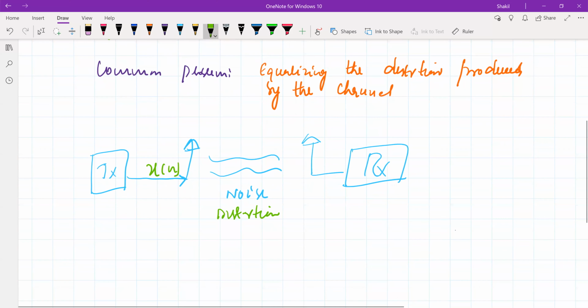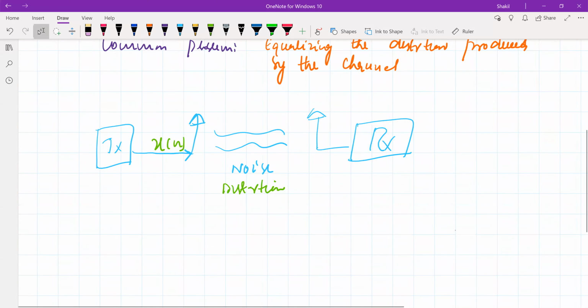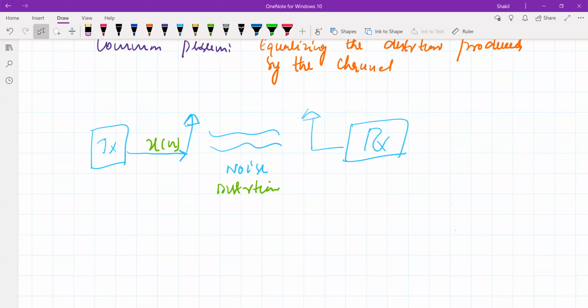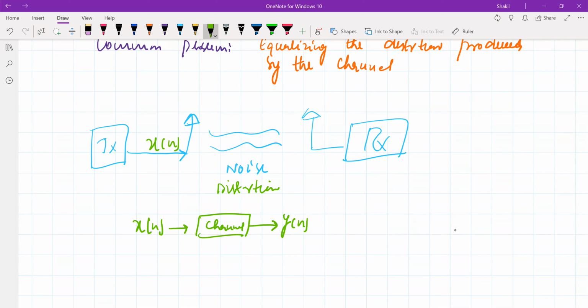Let's suppose the transmitted signal is x of n. It gets contaminated by noise in the channel. So x of n is the input to this channel, and it produces another distorted signal, y of n.